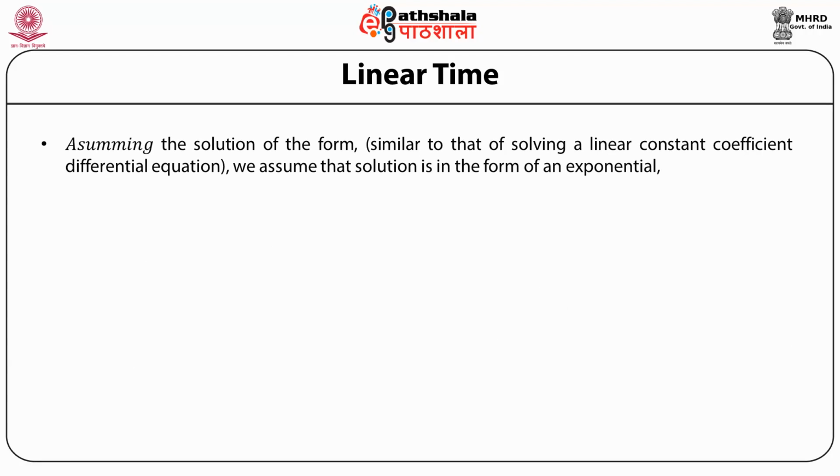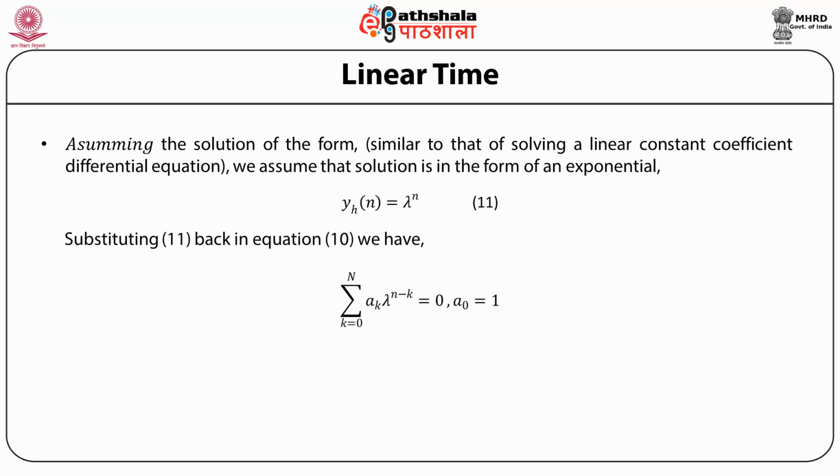Assuming a solution similar to that of solving a linear constant coefficient differential equation, we assume the solution is in the form of an exponential, that is y_h(n) equal to lambda to the power n, which is equation 11. Substituting this back in equation 10, we have summation over k equal to 0 to N, a_k lambda to the power n minus k equal to 0.